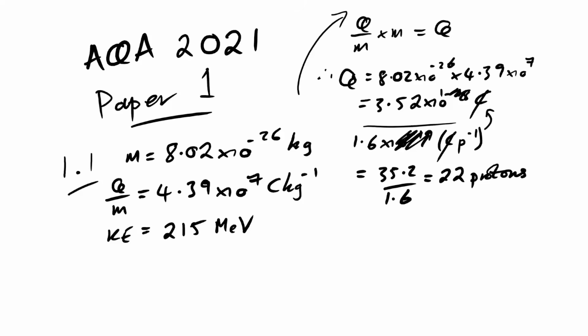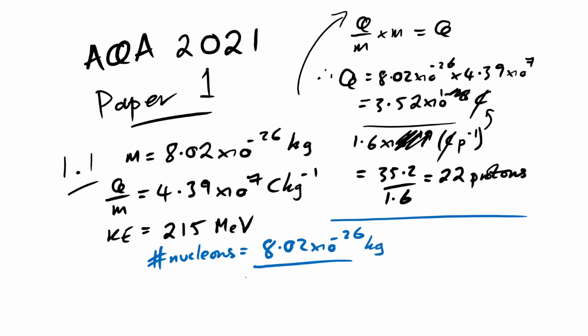Okay, so we have the number of protons, but now we have to go back to our mass. The number of nucleons, that is protons and neutrons, similarly to the charge, is going to be the total mass divided by the mass of a single nucleon. Yes, they are slightly different when you get to nuclear in year 13, but for these kinds of calculations, we don't care.